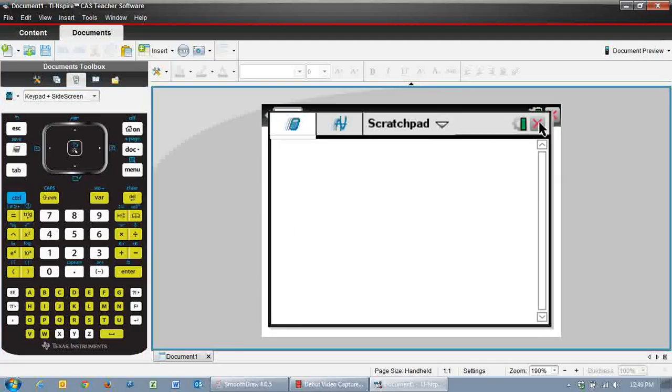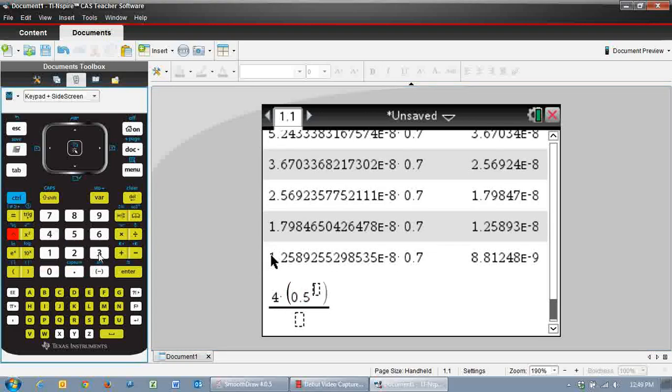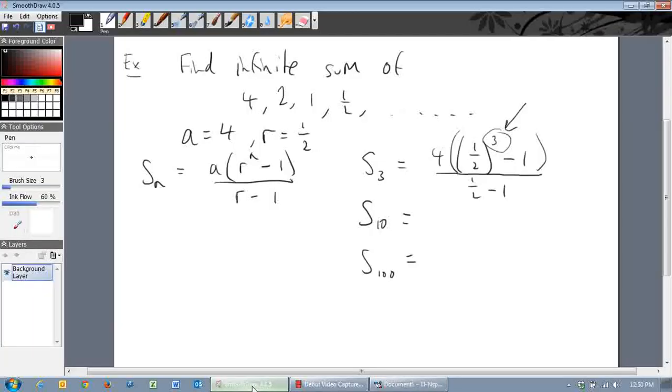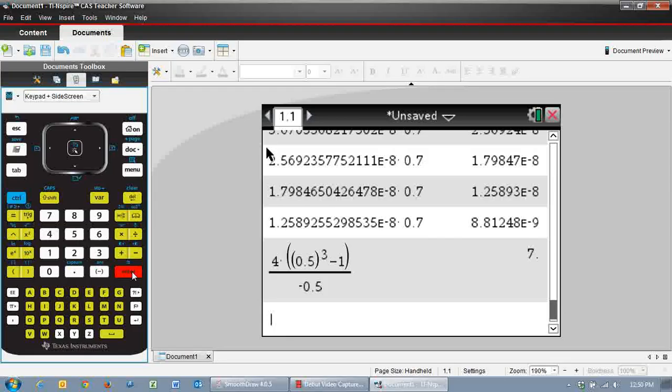Get rid of that. 0.5 to the power of 3, minus 1, over, half minus 1, which is negative half, so negative 0.5. This is going to be the sum of the first 3 values. And what is it? It's 7.